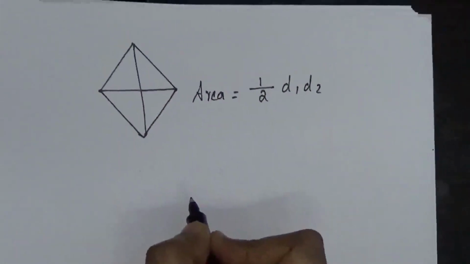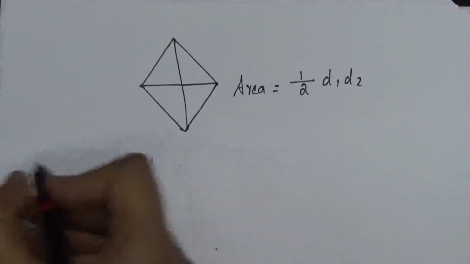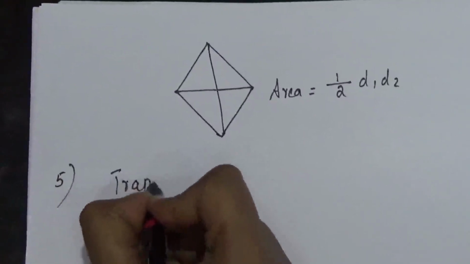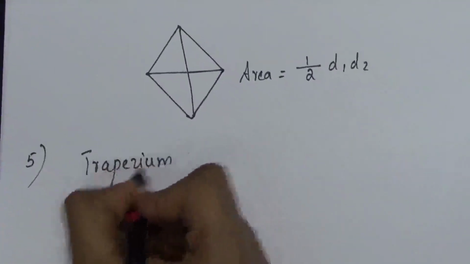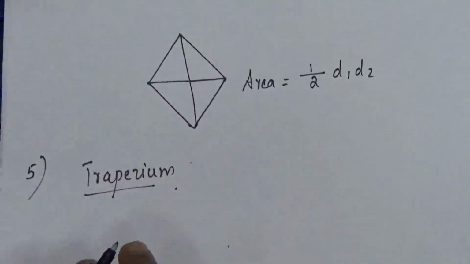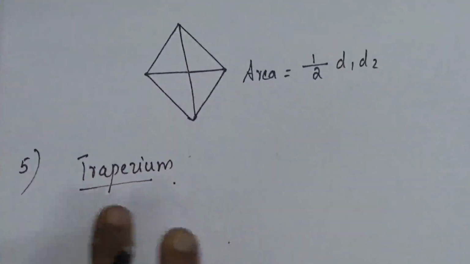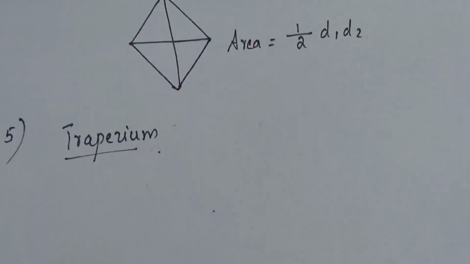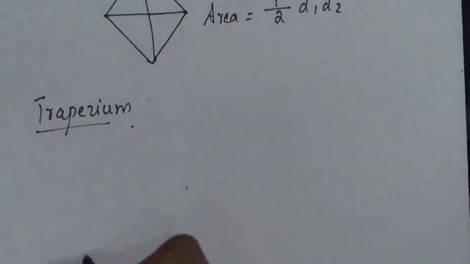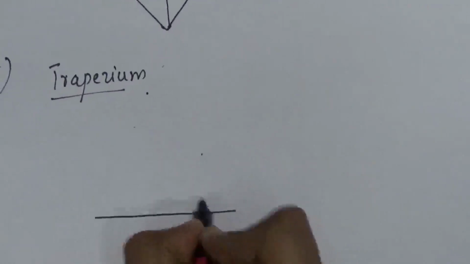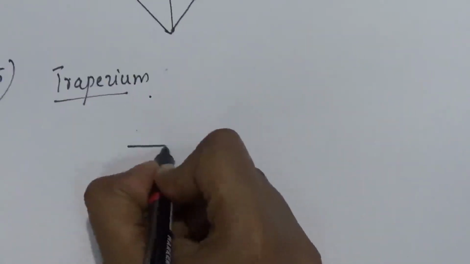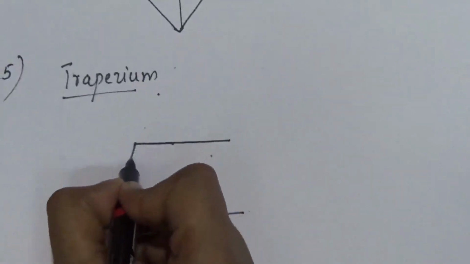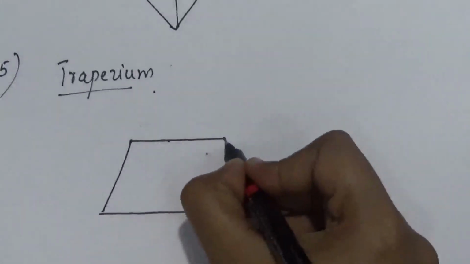Now the fifth type of quadrilateral, that is trapezium. It's a quadrilateral which has a pair of opposite sides parallel, but the other two sides are non-parallel. So how will you draw a trapezium? You can draw a figure like this.